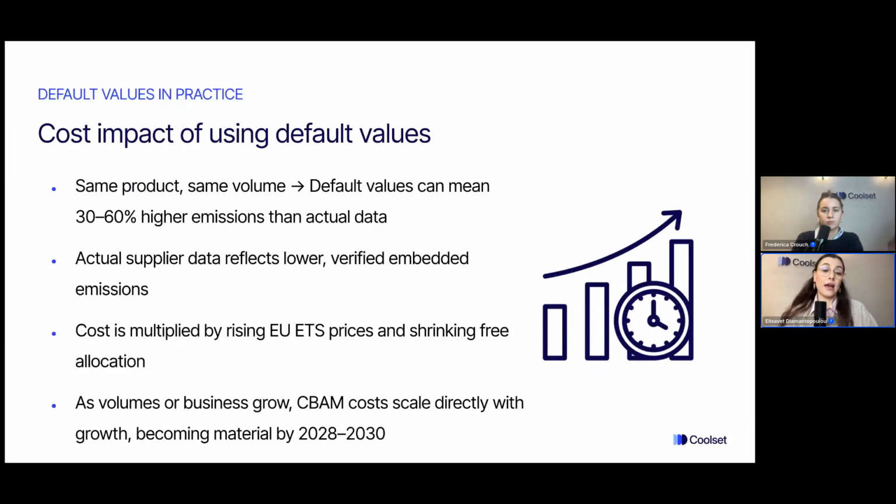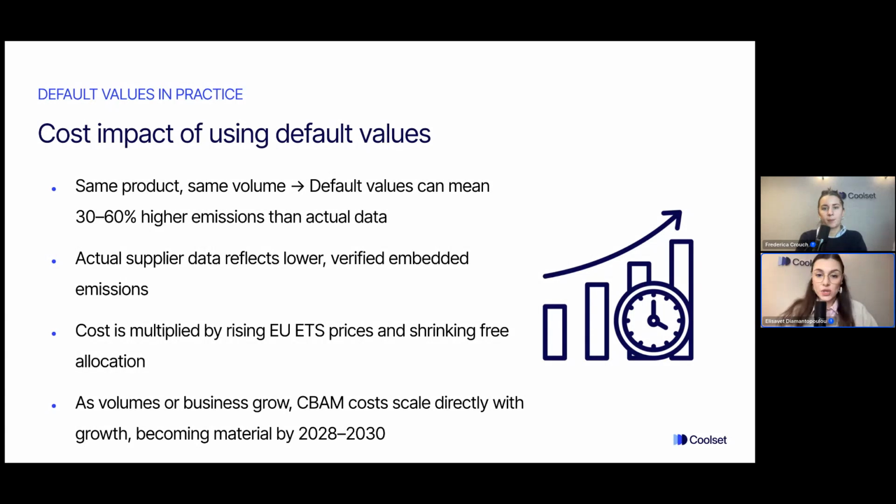And right now, with the use of the default values, we are covering the worst-case scenarios. When you combine that with the fact that the ETS free allocation is shrinking over time, the cost impact is also getting more and more substantial. And if your volumes stay stable, the CBAM costs increase. So we're going to talk in the next section about how you can manage that cost.